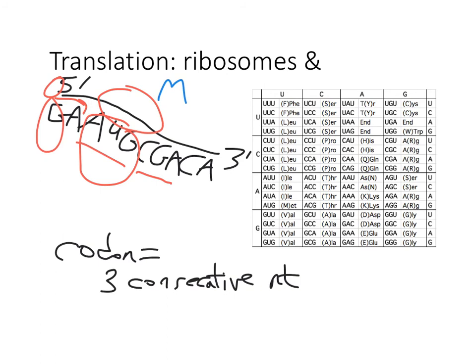So the next set of 3, CGA, encodes, we look in the codon table, arginine, and then we would need more RNA molecule to keep going. So far we've got methionine arginine. So the ribosome moves every 3 nucleotides reading codons, and then they get translated based on the codon table. Which sets of 3 nucleotides encode which amino acids?